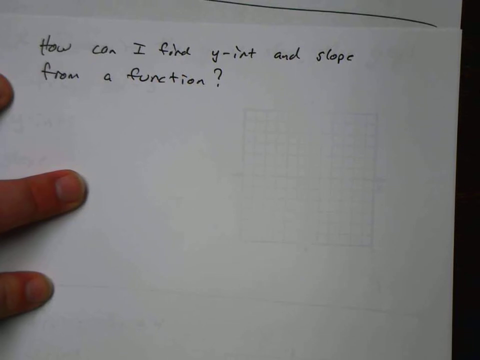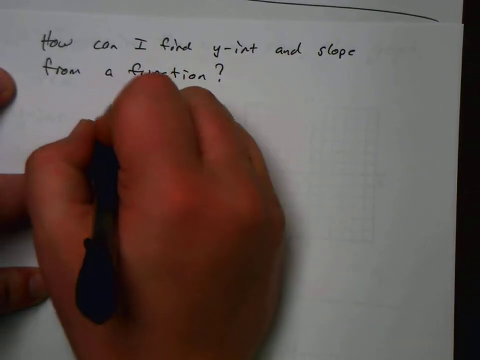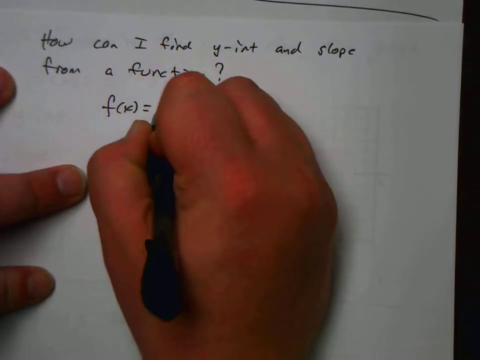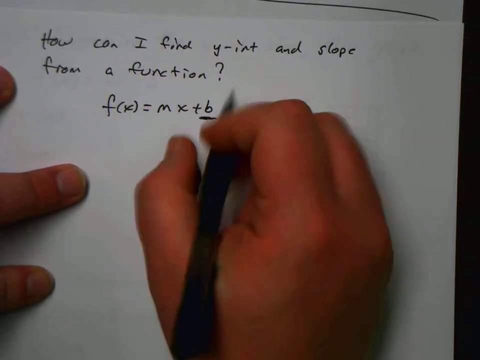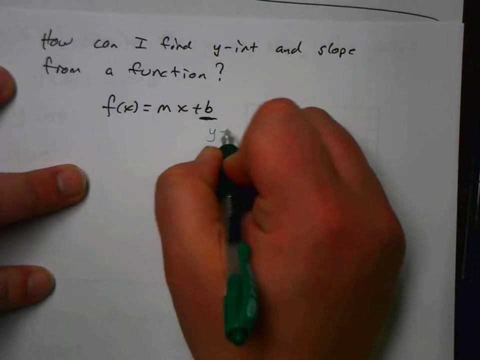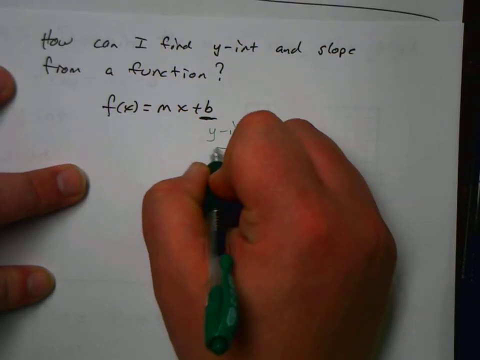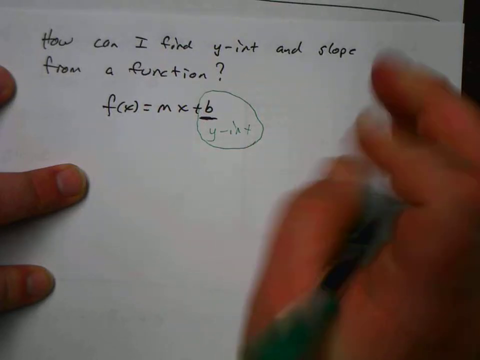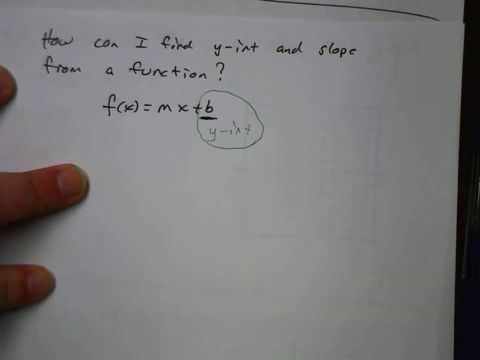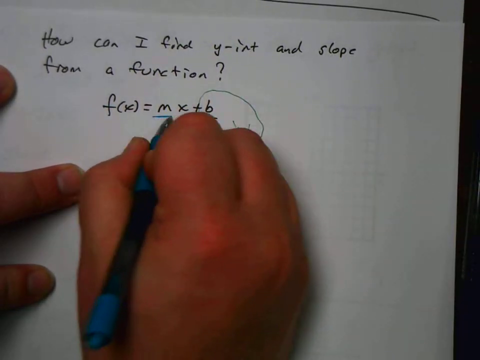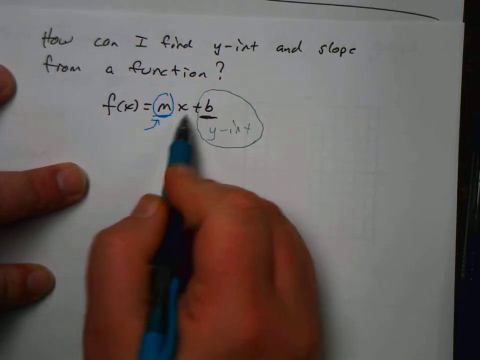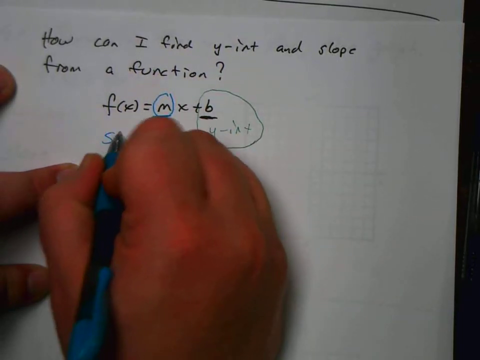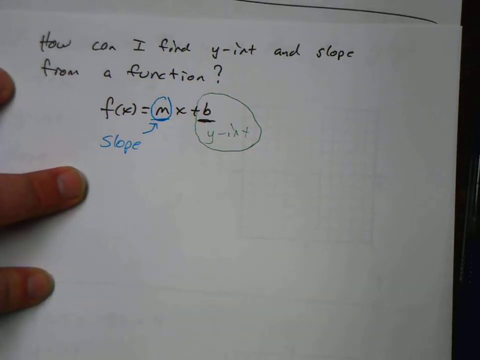Alright, so the function that we're looking at is f of x equals mx plus b. Well, as we've seen, here is my y-intercept. So the number by itself is the y-intercept, and m, the number in front of x, not x, but the number in front of x, this is my slope.